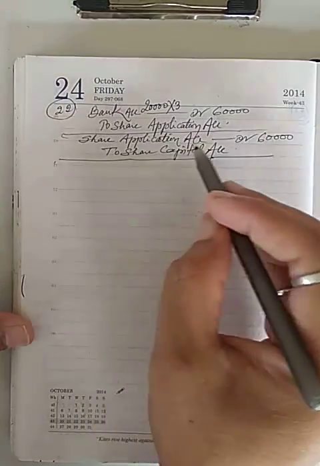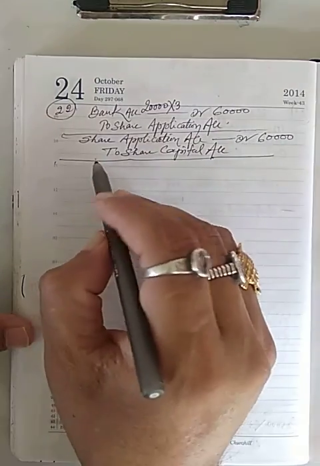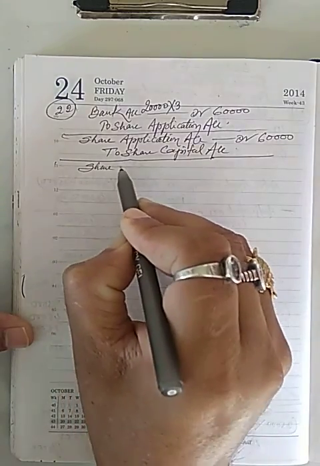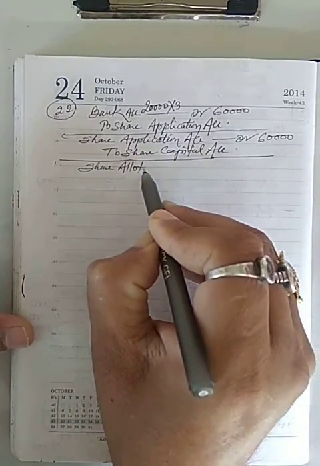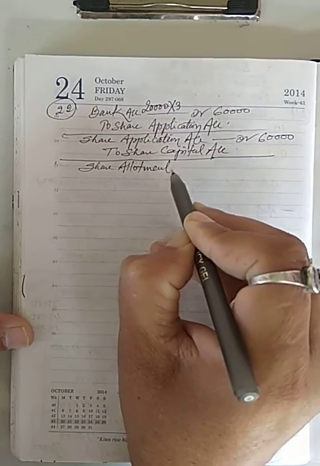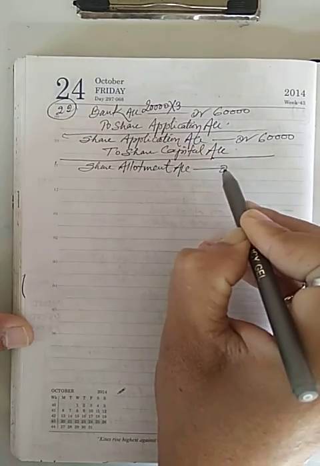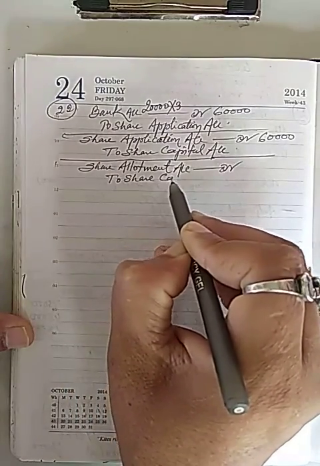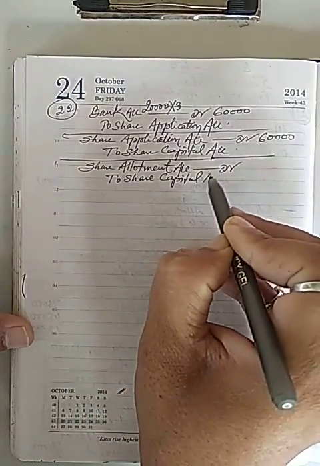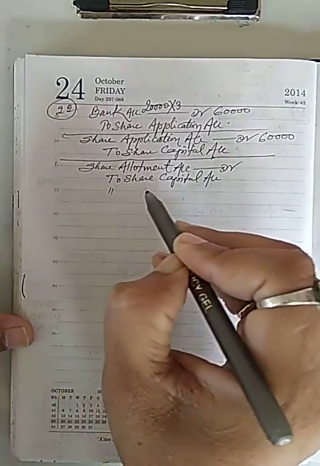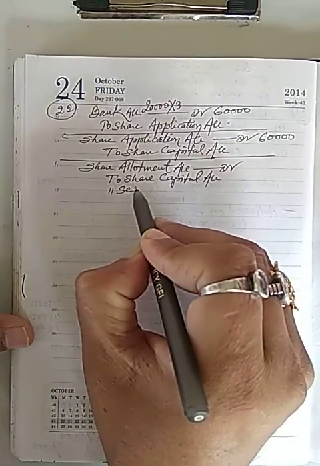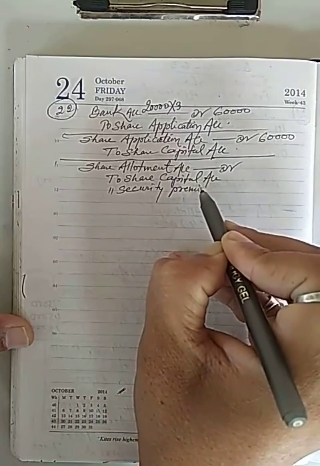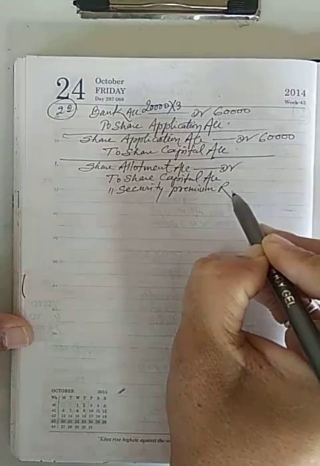Now the journal entry for due on allotment money: share allotment account Dr to share capital account and to securities premium reserve account.